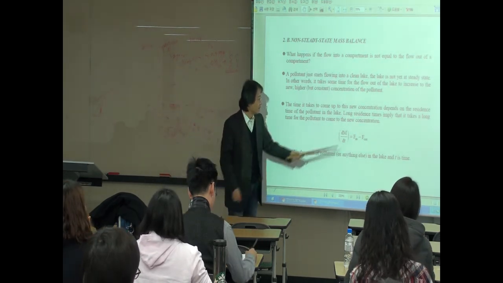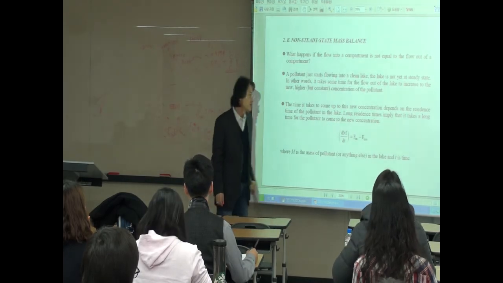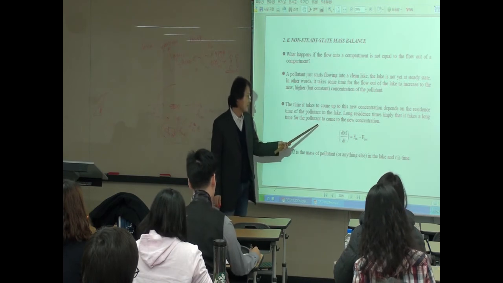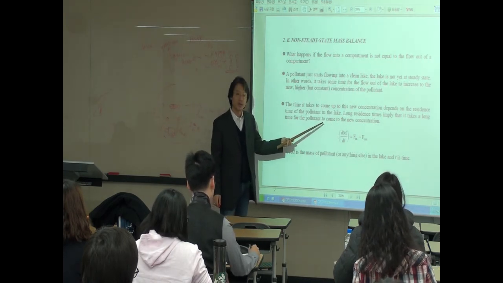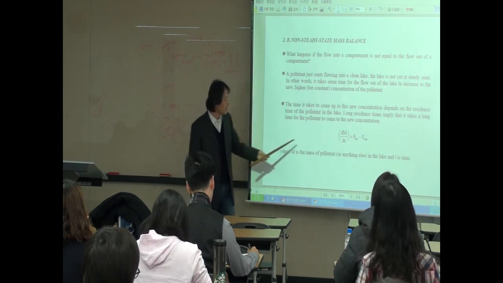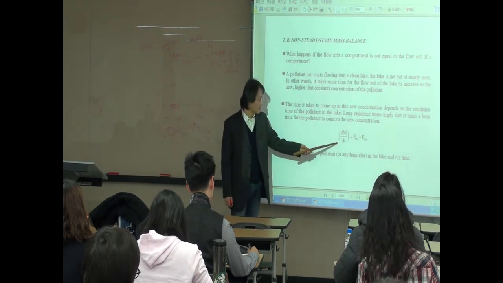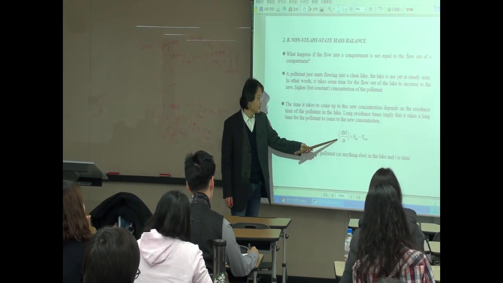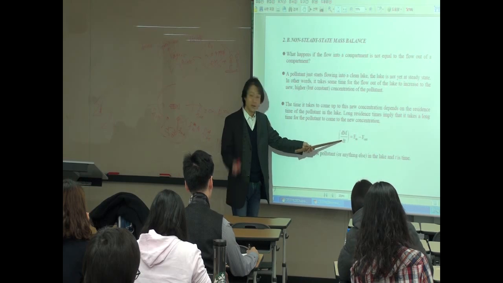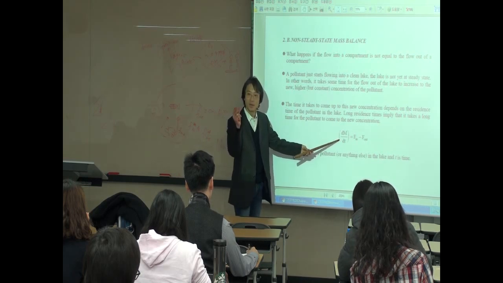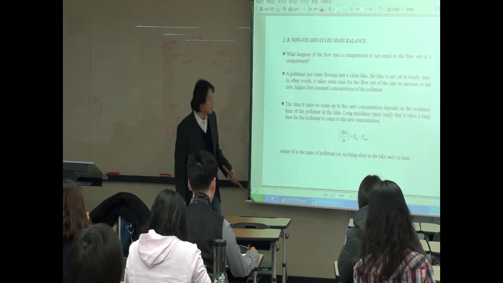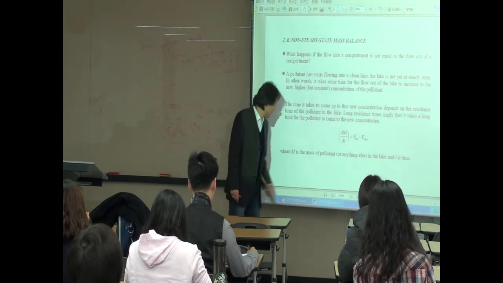By the way, long residence time means it takes a long time for the protons to come to the new maximum concentration. So, actually, we can set up the new differential equation here. The mass divided by time, this is a very short time, equals F in minus F out.